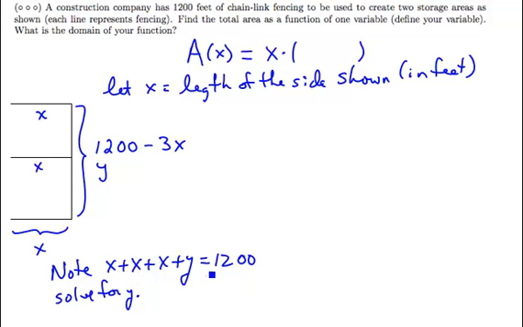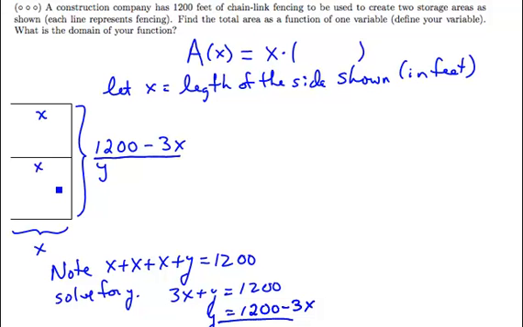Simplifying this equation a little bit, I see 3x plus y needs to be 1,200, and then I can solve for y and determine that y must then be 1,200 minus 3x. Which is the observation that we made by thinking our way through the arithmetic. So the total area of the rectangle as a function of the one side is x times (1,200 minus 3x).